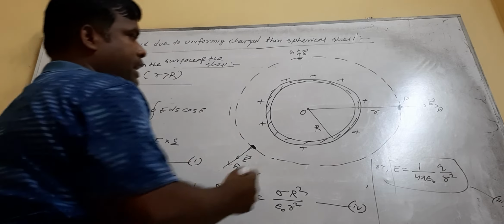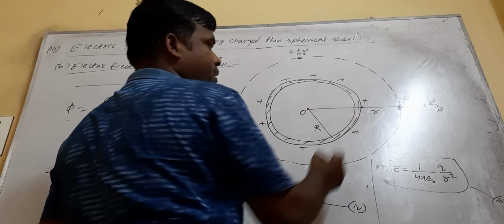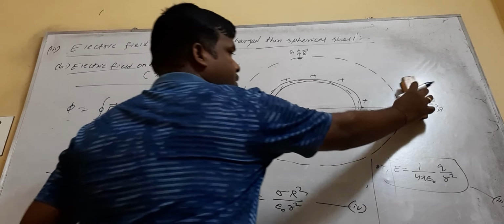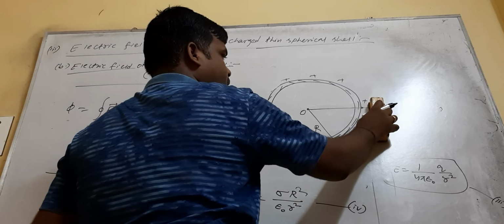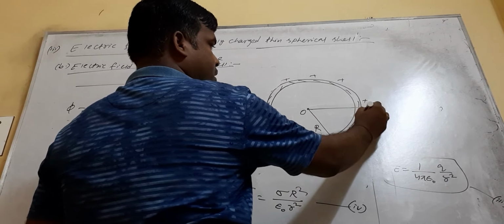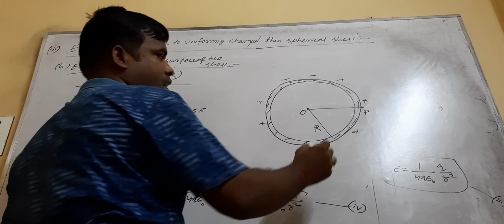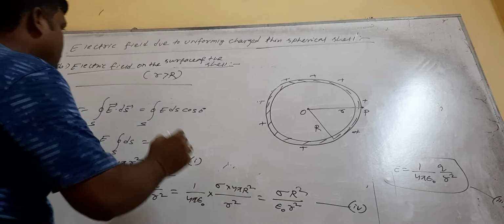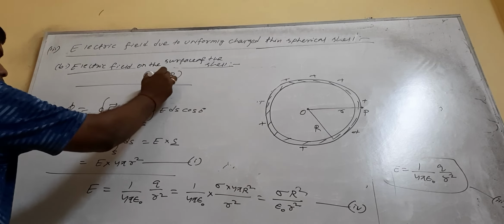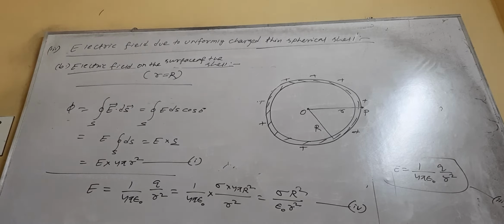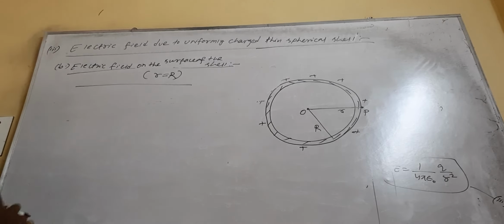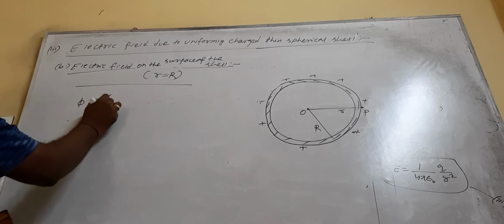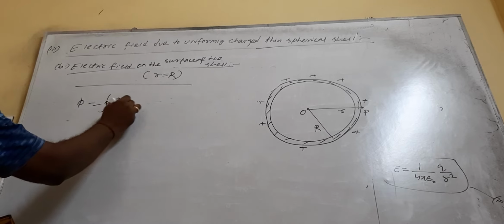That means if you take point P on the surface of the shell, then small r is equal to capital R. By the same method, phi is equal to the integration of E vector dot ds vector.